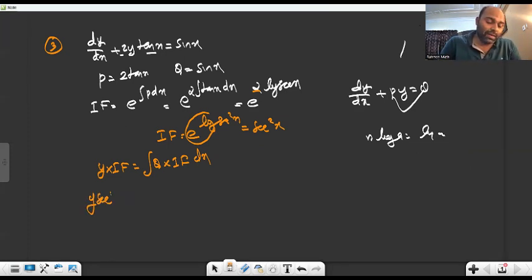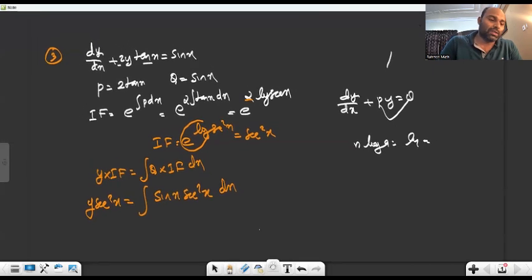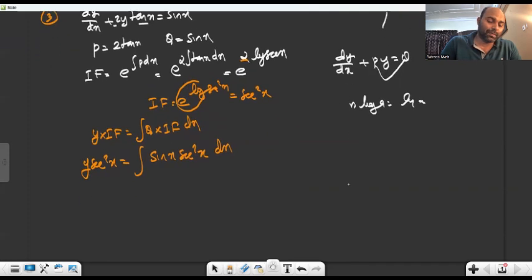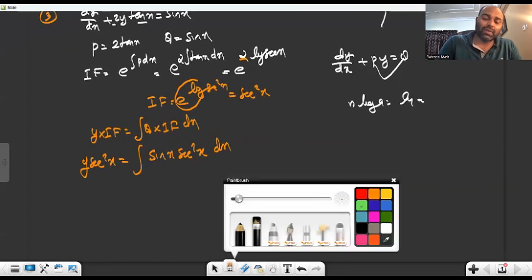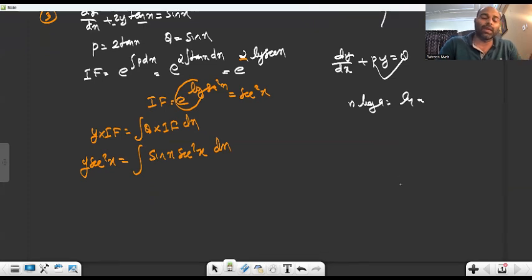So y into the integrating factor sec square x. Q is sin x, so sin x into sec square x dx. After this we have to simplify. If anybody has a doubt, sin x into sec square x, how can we write it? You can write sin x into 1 by cos square x.